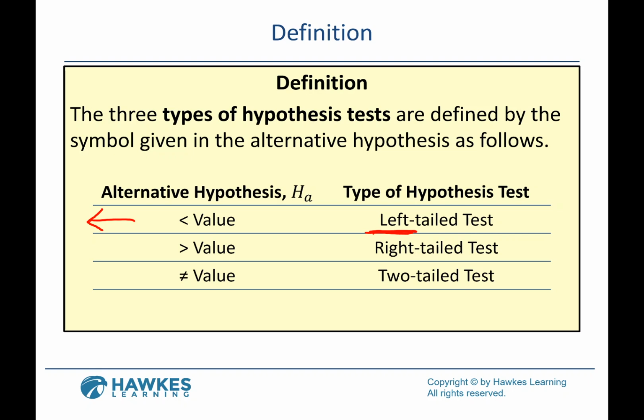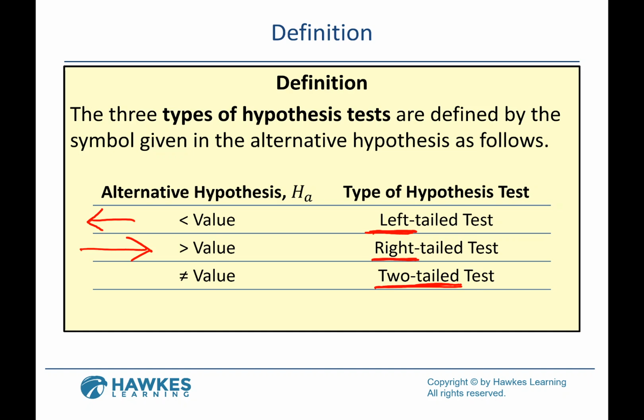If our alternative hypothesis has a greater than symbol, think about that as an arrow that points to the right, and that means we're doing a right-tailed test. And the one that's a little weird is if we have a not equal to symbol, that means we're doing a two-tailed test. So we're going to be dealing with the left and right sides of our curve in that case.